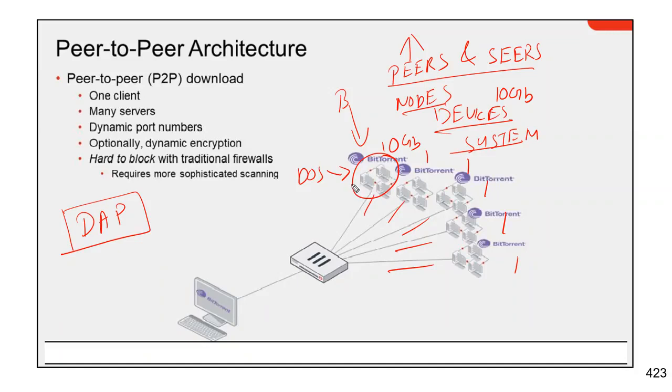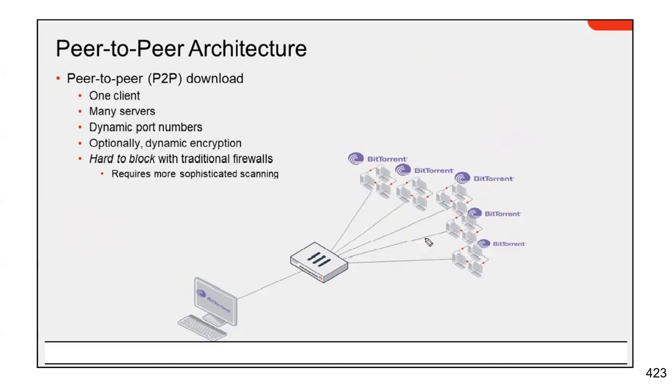With peer-to-peer architecture, it doesn't matter even if one system goes down, because I still have multiple peers through which I can download that file. That is how the system works.